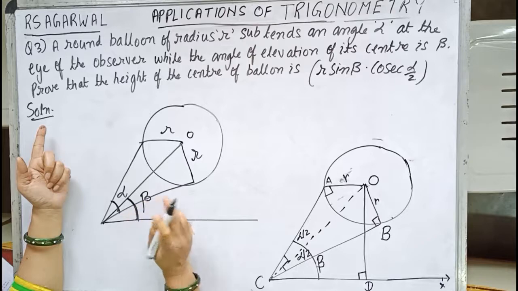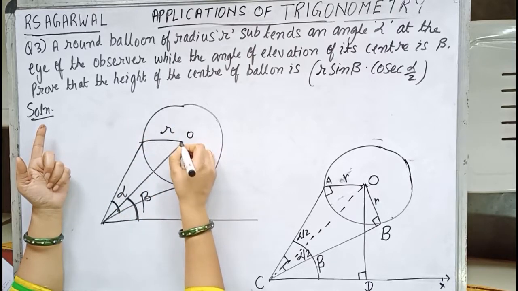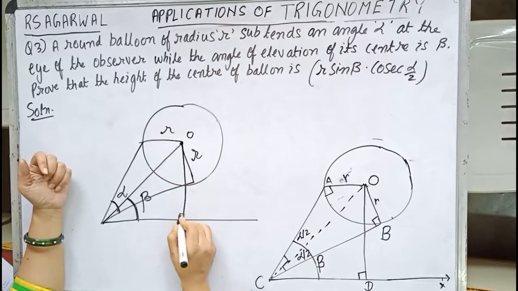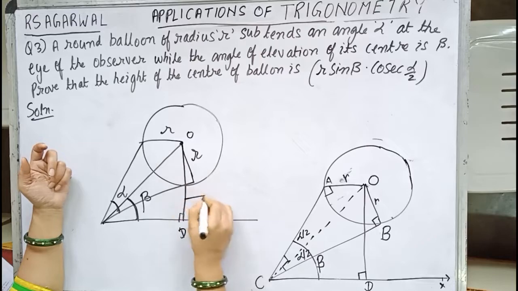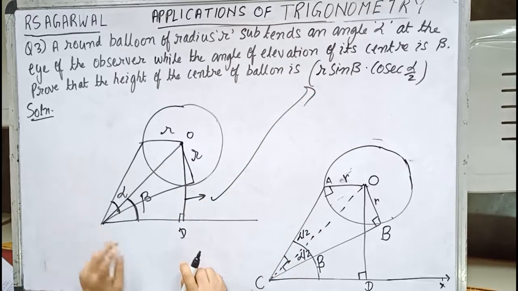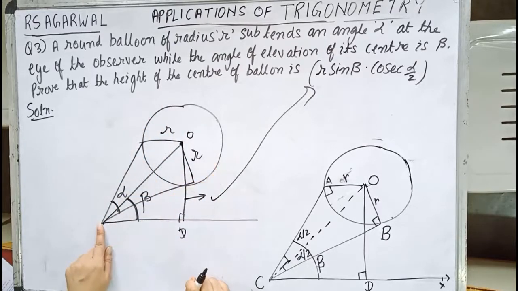Now we have to prove the height of the center of the balloon. Suppose from the center of the balloon we draw a perpendicular. This is 90 degrees. Suppose I name it OD, then we have to prove that this OD is equal to this much. Again I am repeating: a round balloon, an observer.